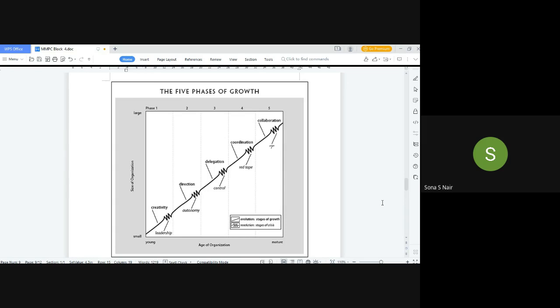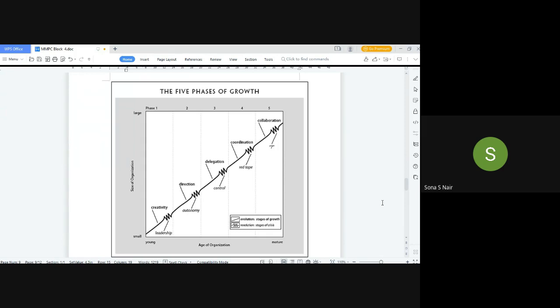But what will happen is, since more directions are being given, when the organization has grown, the lower levels have also grown, there are more people in the organization, and who is giving directions? Directions are being given by the top level people only, right? Because they were the people who worked towards creating the organization. Now the employees who have been there in the organization for long have become more experienced, and they would start resenting these directions.